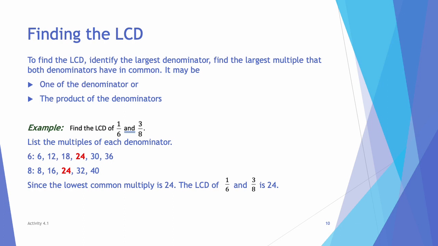For example, to find the lowest common denominator of 1/6 and 3/8, we list the multiples of each denominator. The multiples of 6 are 6, 12, 18, 24, 30, 36. The multiples of 8 are 8, 16, 24, 32, 40. Since the lowest common multiple is 24, the lowest common denominator of 1/6 and 3/8 is 24.